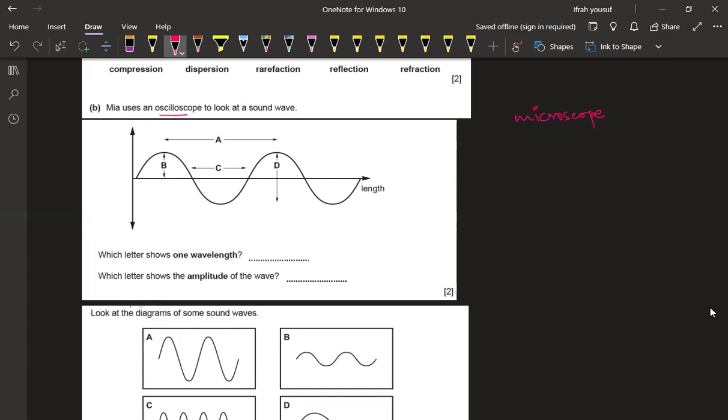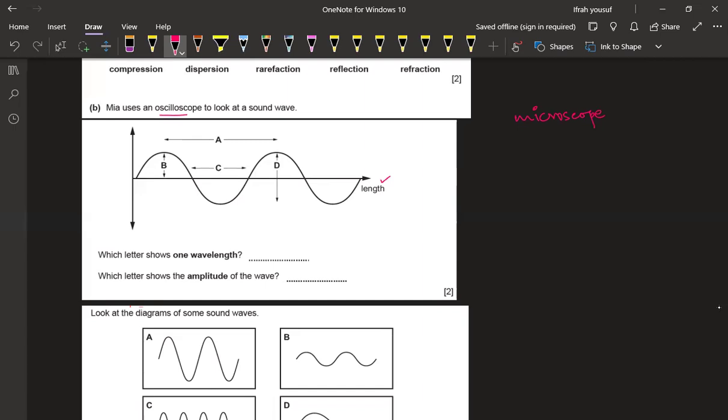And this is the sound wave that is given here. A waveform is given here. On the x-axis, you can see the length is given, and different labels A, B, C, D are labeled here. So which letter shows one wavelength? We discussed wavelength yesterday in the last class. Wavelength is the distance between two consecutive crests or two consecutive troughs, or one complete crest or one complete trough.